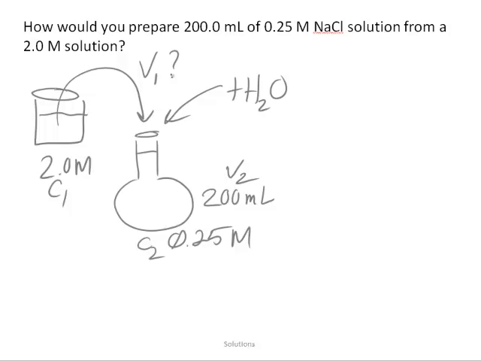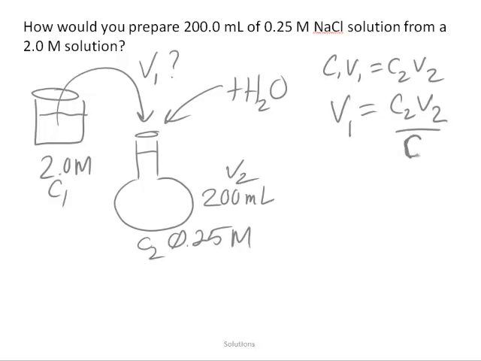How much of our stock solution do we need? Okay, so we can set this up as our C1V1 equals C2V2 calculation. We're solving for V1, so that's going to be C2V2 divided by C1. C2 is 0.25 molar.